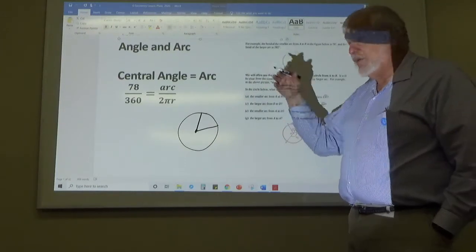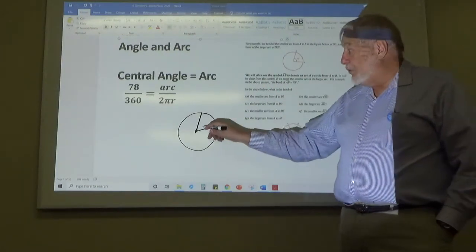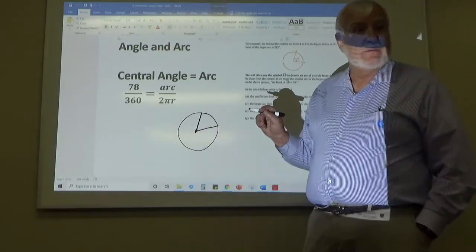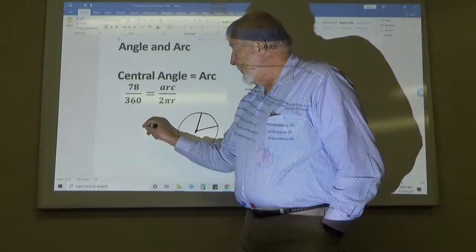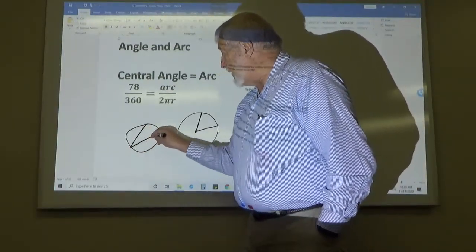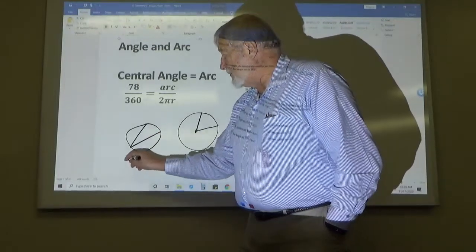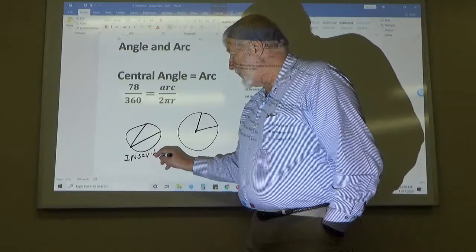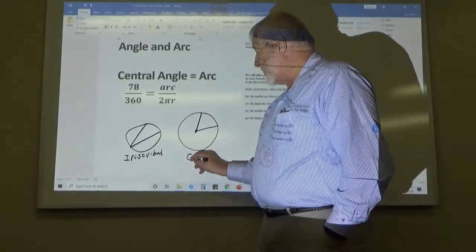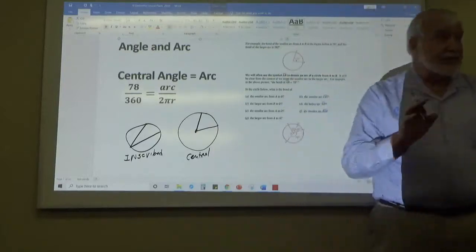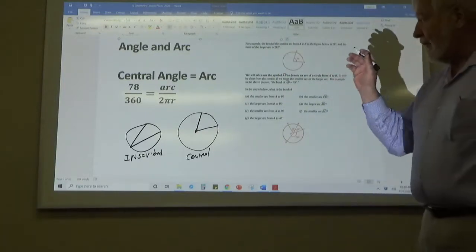A little bit later, we're going to move that vertex from the center to the edge. So if I had a circle here and the angle was over here, this is called inscribed, whereas this is called central. That's the first definition. So a central angle is inside.